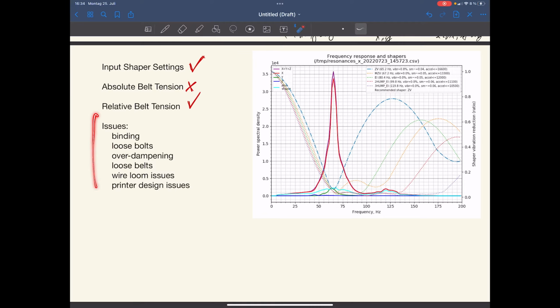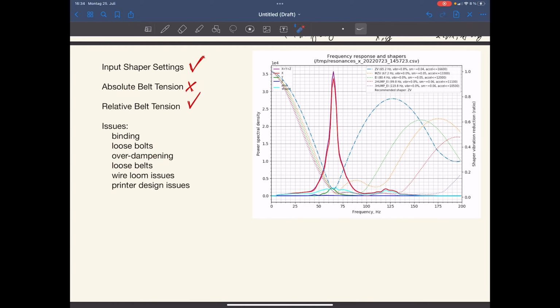Now, the interesting part is, can we see issues in our printer? And the answer is always yes and no at the same time. We can often see that the graph shows some issues with the printer. It's really hard to decide from the graphs what the exact issue is, but things which have influence on the graphs are binding of the rails, for example. Loose bolts you usually see.